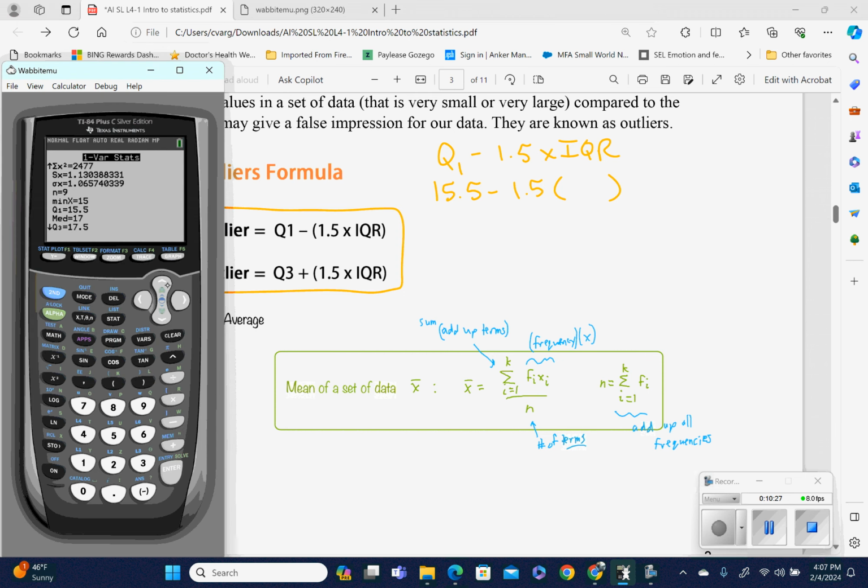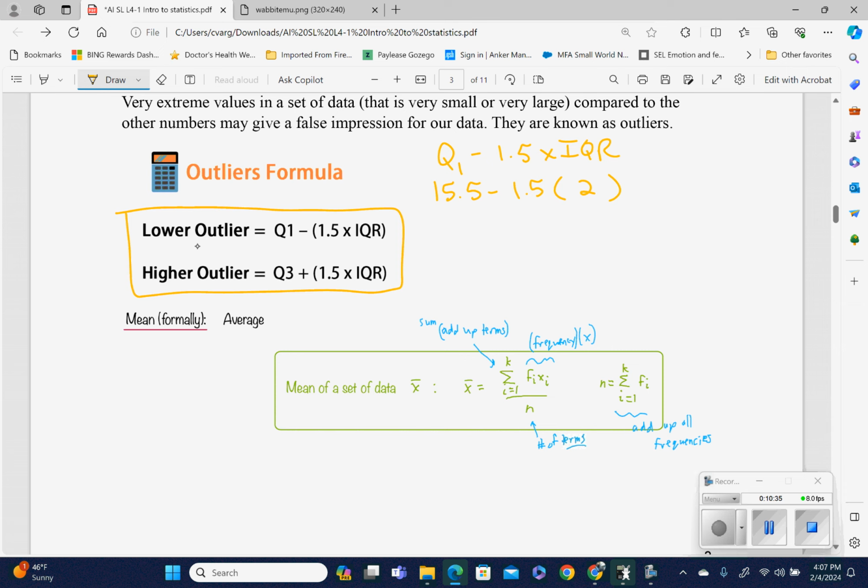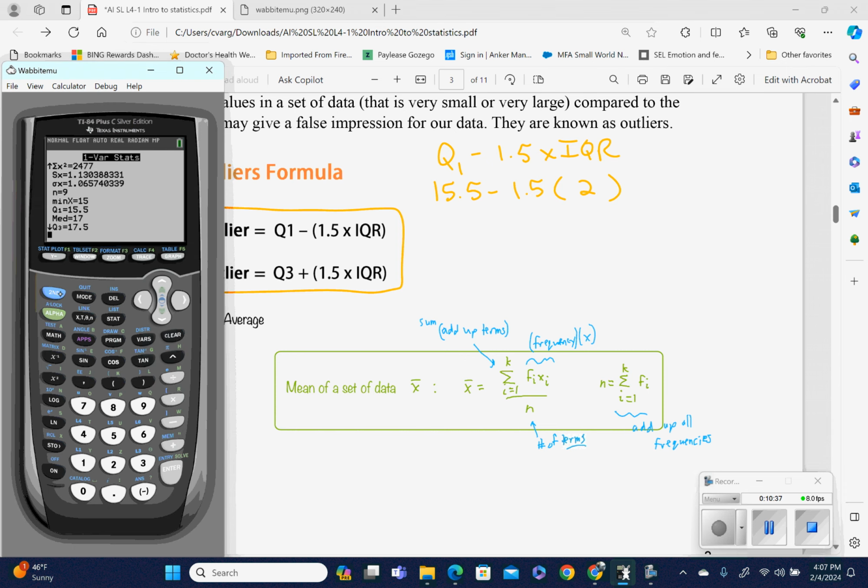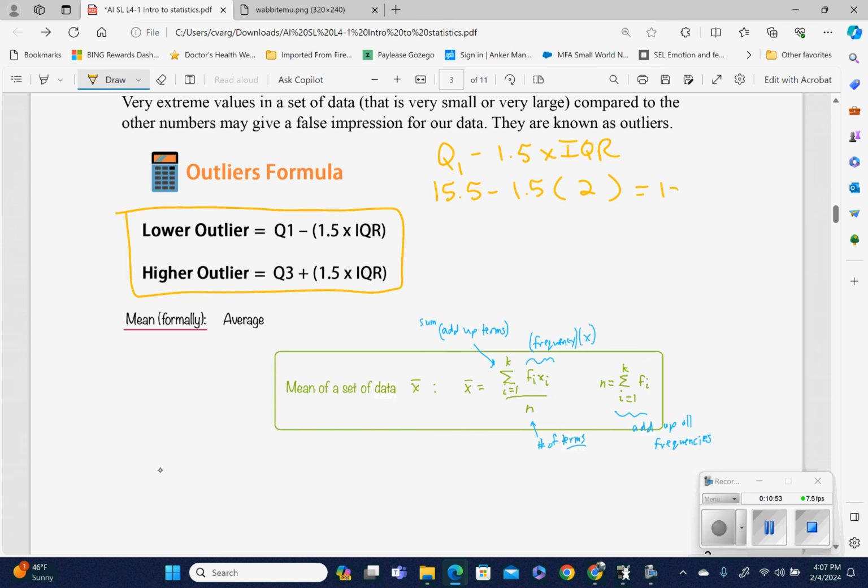So 17.5 minus 15.5, that is 2. So I'm going to multiply it by 2. That's to find any number that's below my box and whisker plot. So 15.5 minus 1.5 times 2, that's 12.5.